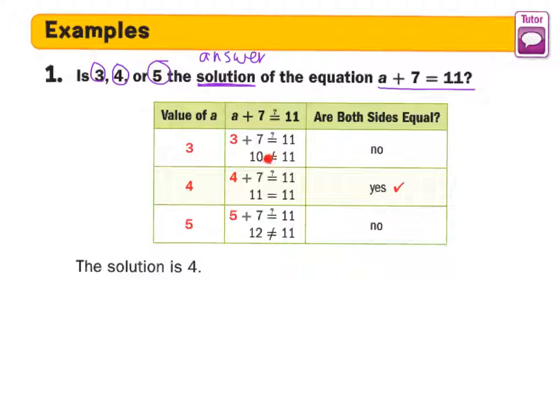It is not equal to 11, so both sides do not match. If we plug the 4 in, 4 plus 7 is 11, so it is equal to 11, and we can leave the equal sign. If we had used the 5, we would find it's not a true statement because 5 plus 7 is 12, and 12 is not equal to 11. So the best answer here is 4.